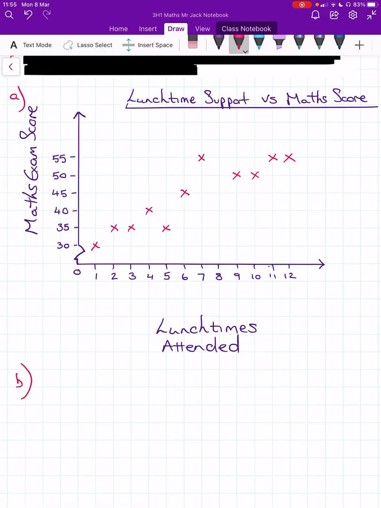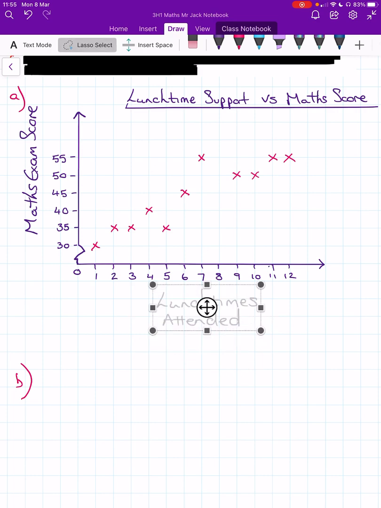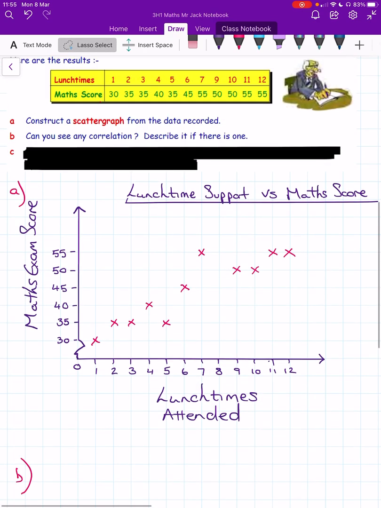Part B says, can you see any correlation and describe it if there is one? So what you're looking at is your data. Does your data behave in any particular way? To me, in general, it looks like as we move from left to right, the data is increasing.